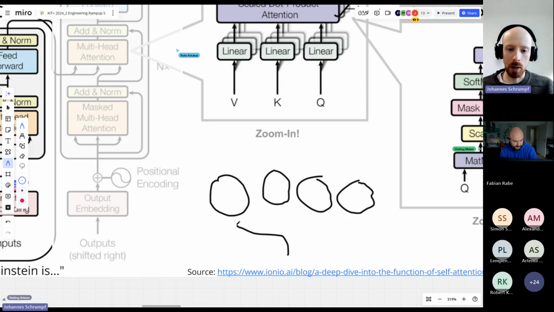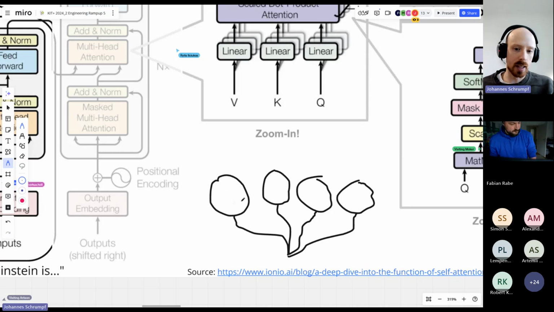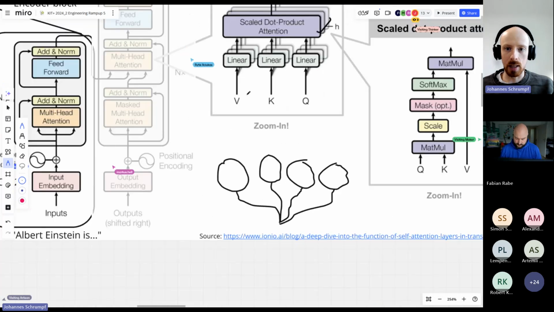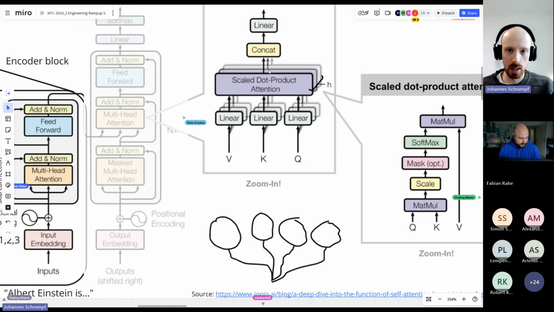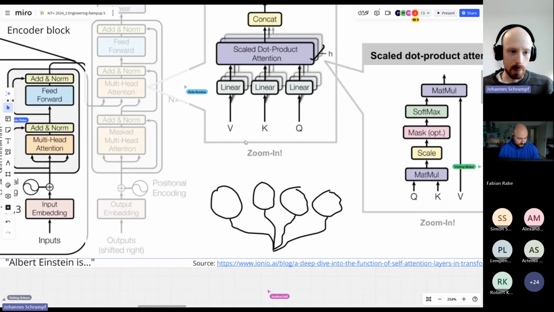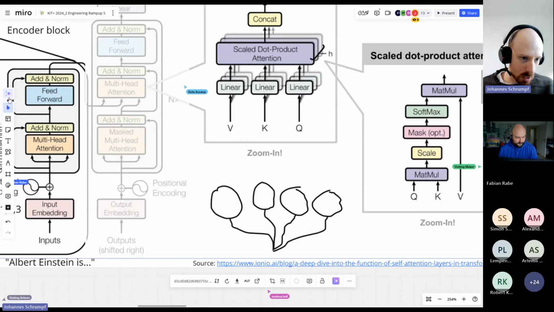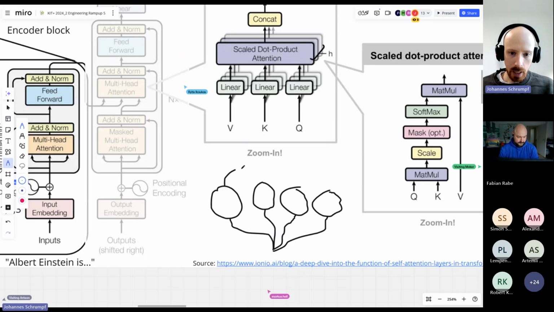And then we get our input, and we put the input into just many copies of this architecture. Then this does something internally, and then in the end, as illustrated here on the top with concat and linear, all of the output gets aggregated again, or just put together like in a list.